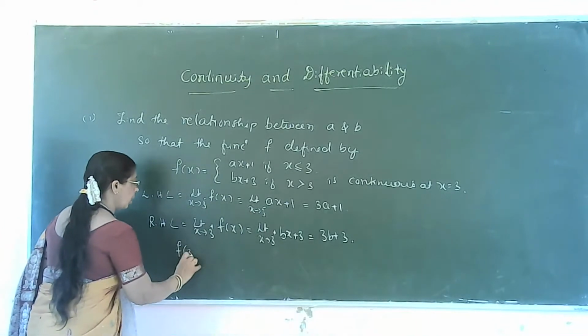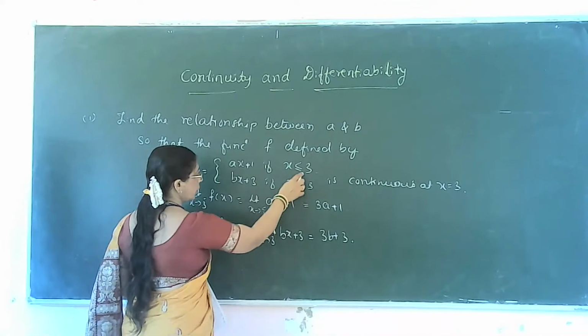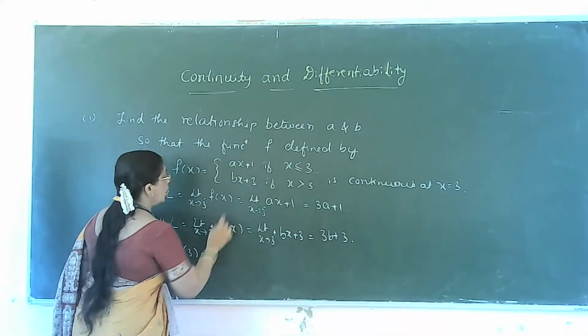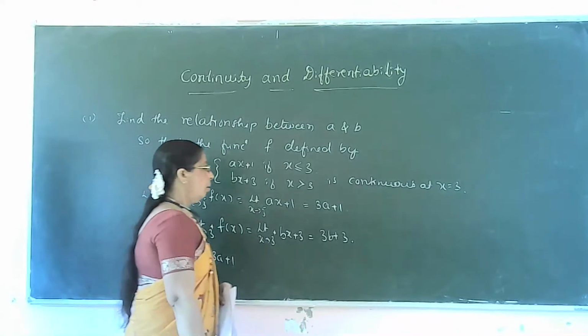Then you can find f of 3 also. F of 3 is equal to 3a plus 1.